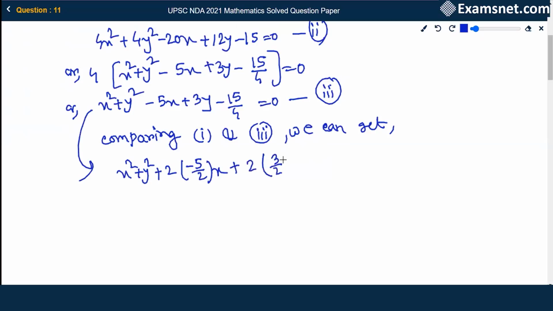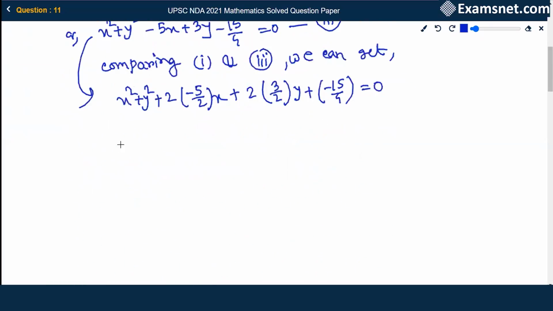So now we can easily write g = −5/2, f = 3/2, and c = −15/4.